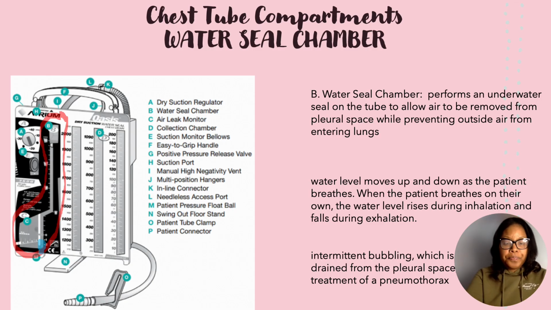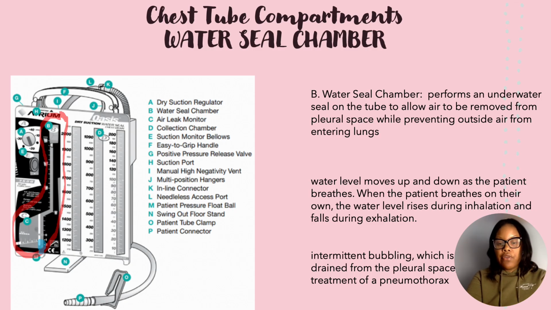For this slide, we're just focusing on our water seal chamber. So remember, we should see a fluctuation of water, a tidaling, when the patient breathes in and when the patient breathes out. And we're going to see it right here in this little skinny part, okay? In and out. We should not see vigorous bubbling in our water seal chamber.